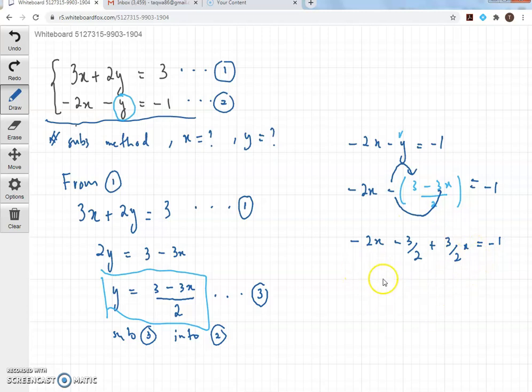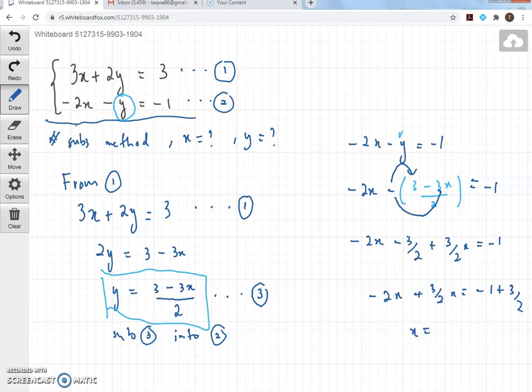So I think you just need to deal with some algebraic expression here. What you need to do is bring the negative 3 over 2 to the other side. So you are going to get negative 2x plus 3 over 2x equals negative 1. If you bring the negative 3 over 2 to the other side, it becomes a positive 3 over 2. So try to solve the value of x.